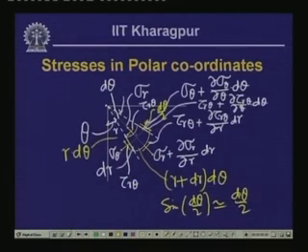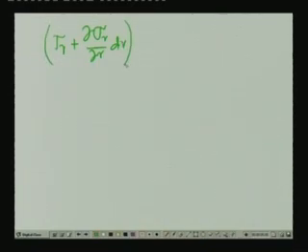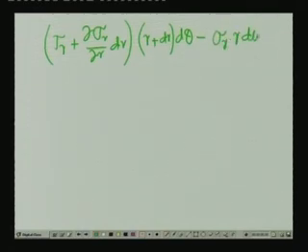So, if we write down the equation of equilibrium in the radial direction, then the equation which we get: sigma r plus del sigma r del r into dr is the normal stress on the outer plane multiplied by the area which is r plus dr times d theta, minus the normal stress which is acting on the first plane where sigma r acts, which is the stress sigma r times r d theta times 1, the area.